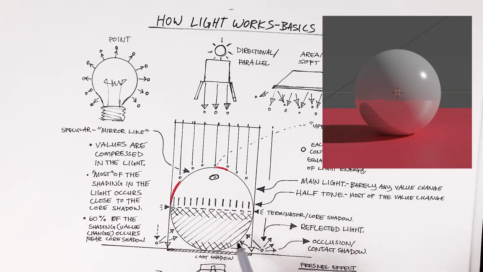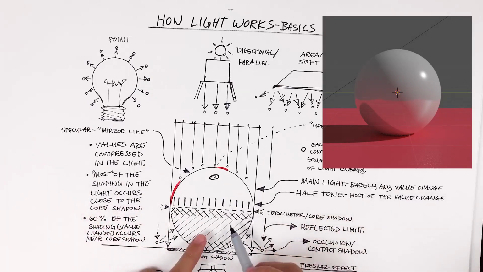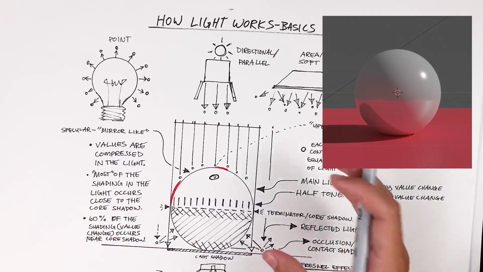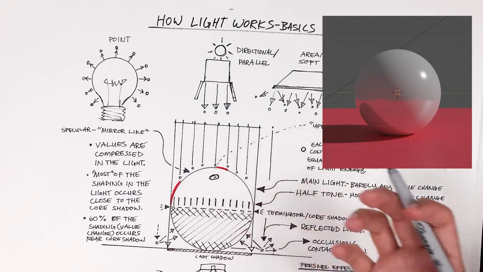So on most materials like that, even on the shadow side, it'll get raised in value and show artifacts of specular reflections. Again, a billiard ball is a good example. It just has such a shiny coat to it.